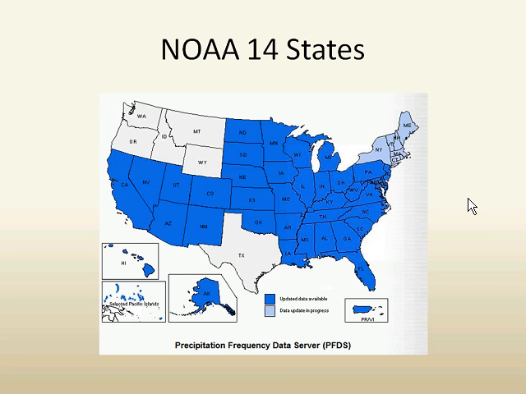NOAA 14, as many of you are aware, is a recent update to our rainfall data that's being done by NOAA, and many of the states have already had this completed. The Northeast states have the data now. NOAA hasn't finished processing it, but they can still get to the data on a website.